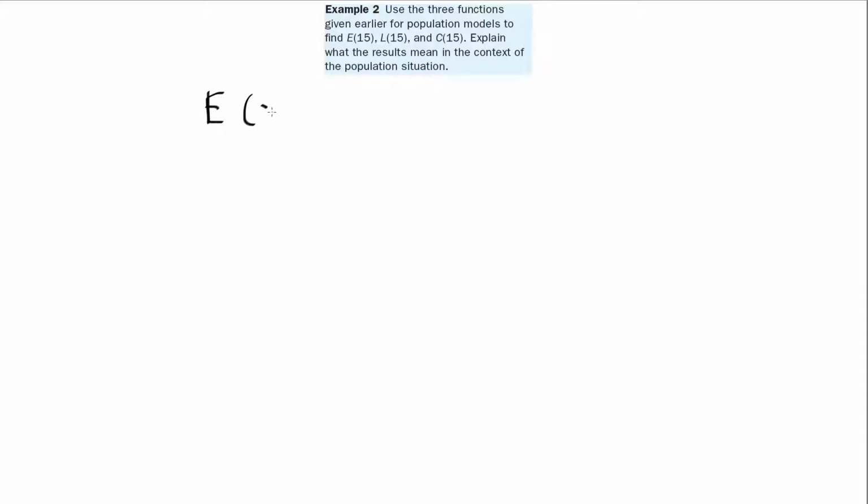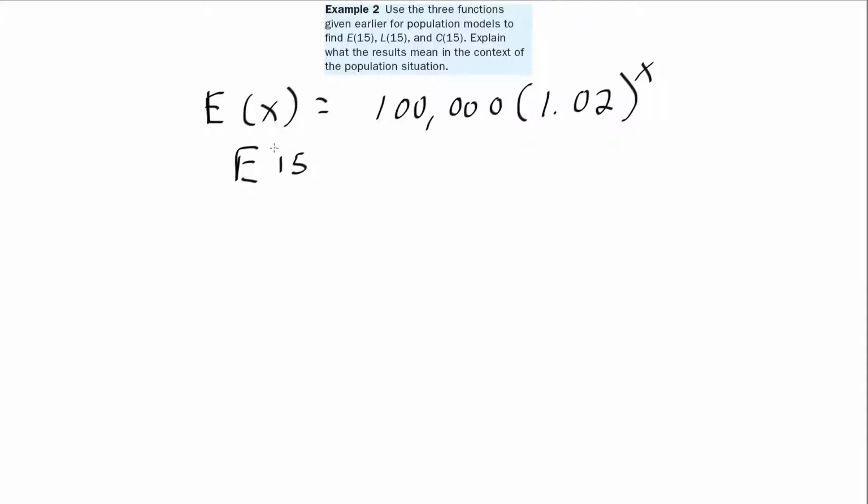equals 100,000 times 1.02 to the x. Since we want E of 15, we write E of 15, and that's 100,000 times 1.02 raised to the 15th power.